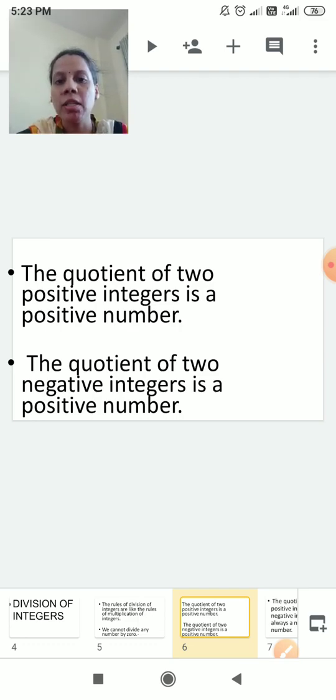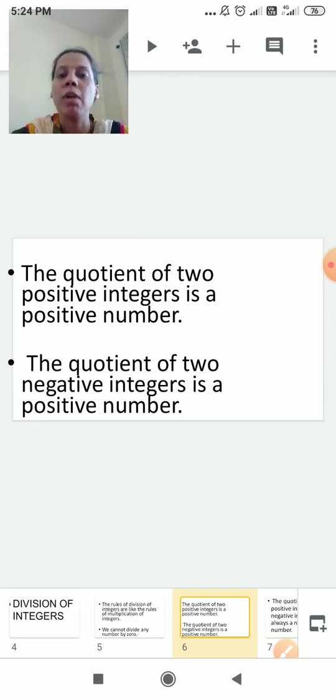Now the next rule is, the quotient of two negative integers is a positive number. If both the numbers are negative while dividing, if the first number is a negative integer and the second number is a negative integer, then the answer, or the quotient, is always a positive number.